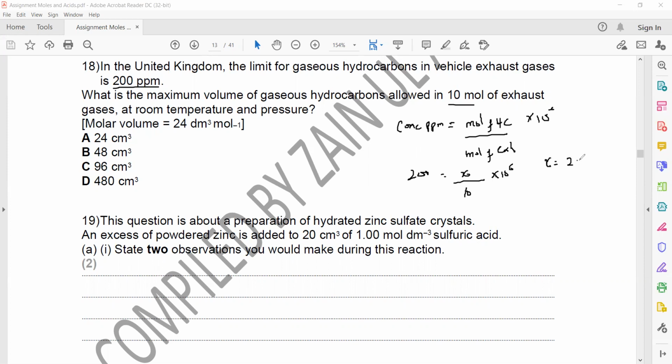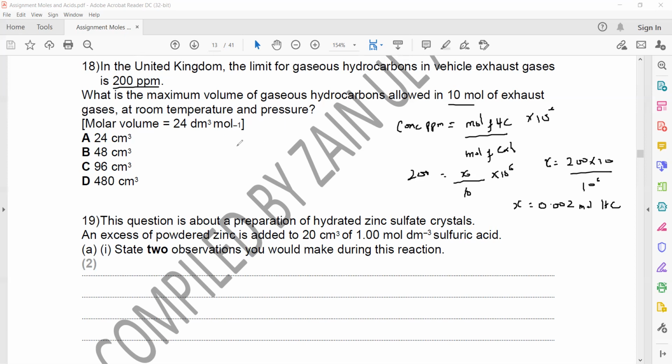So x will be 200 multiplied by 10 divided by 1 million. So it will be 200 times 10, which is 2000, divided by 1 million, equal to 0.002 moles of hydrocarbon. But we need the volume, and that is in cm cube.